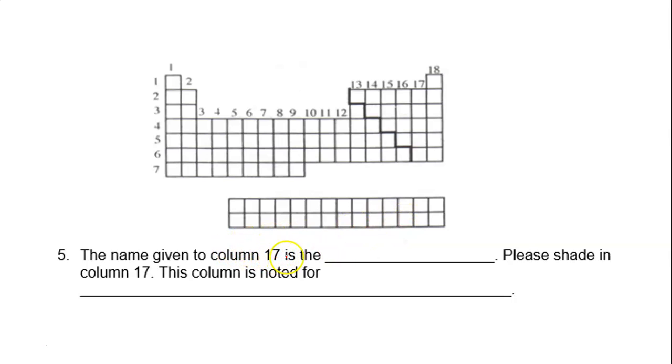The name given for column 17 is the halogens. That's this column here. And these are corrosive nonmetals.